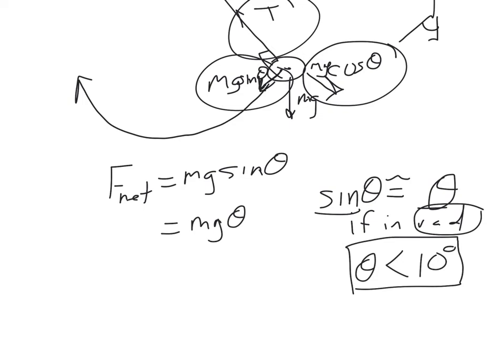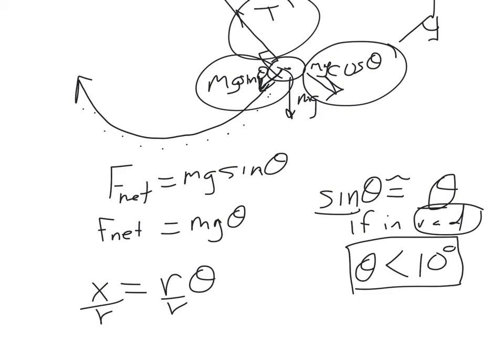Now, remember, this is F net. When we're talking about this thing, it's going along this circular path. So that path has a linear distance x, which is the same as an angular distance theta, and x is equal to r theta. That comes from our rotational motion unit that we just finished. So I'm going to take that and divide by r and get theta equal to x over r.